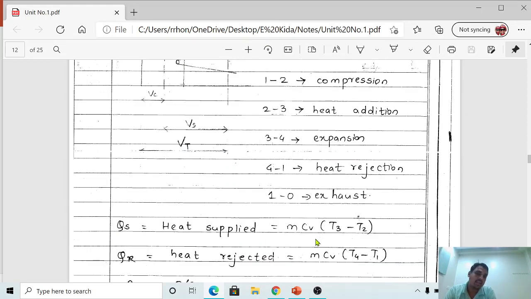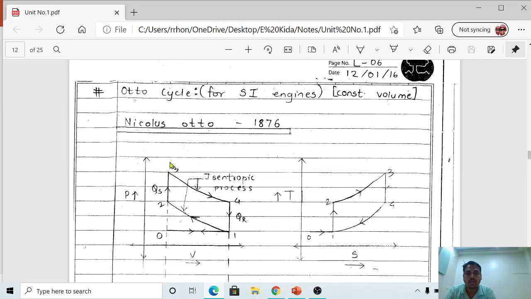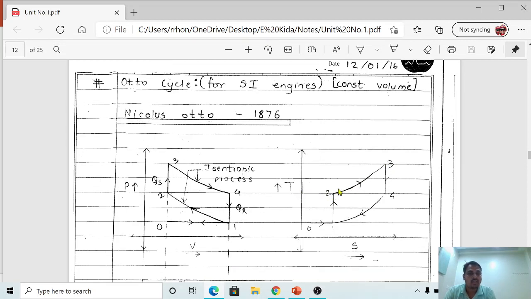Now how can we write the equation? Heat supplied is nothing but mass of fuel into calorific value, m into CV into T3 minus T2. Now what amount of heat is supplied over here? Maximum pressure is P3, minimum pressure here is P2. Similarly, in terms of temperature, for this heat addition process 2 to 3, T3 minus T2, where T3 is the maximum temperature and T2 is the minimum temperature during the heat addition.